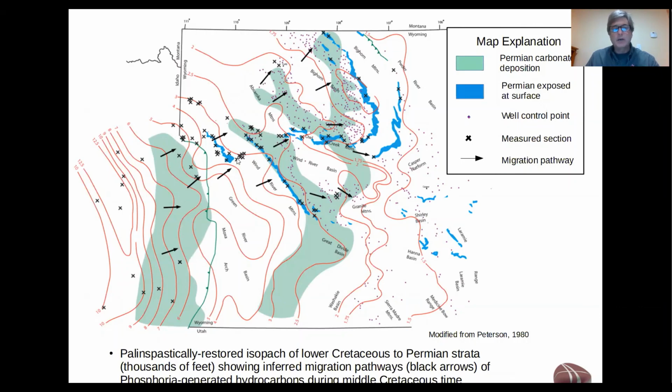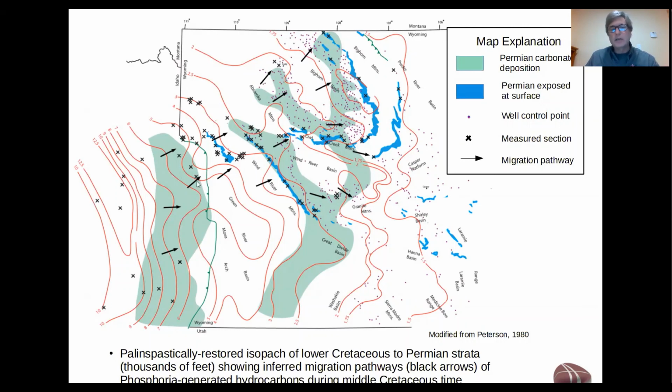That migration was, in fact, several hundreds of kilometers to the north and to the east, where it ended up forming a very large reservoir that subsequently was broken by the Laramide uplifts that today leave us the Bighorn Basin versus the Bighorn Mountains, the Wind River Mountains, and so forth.